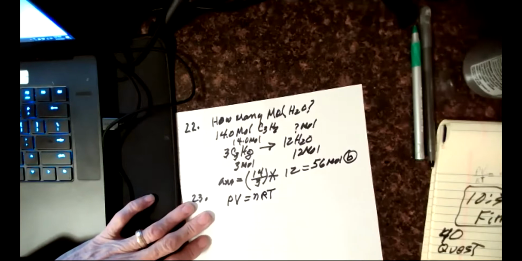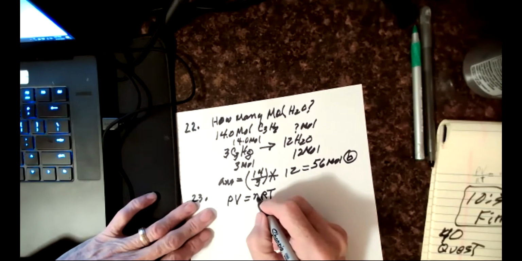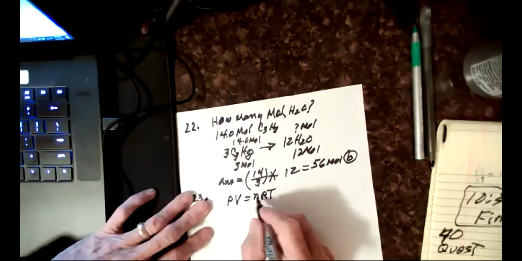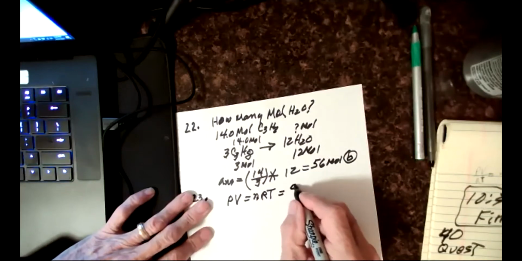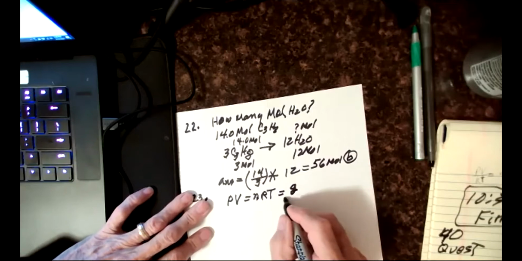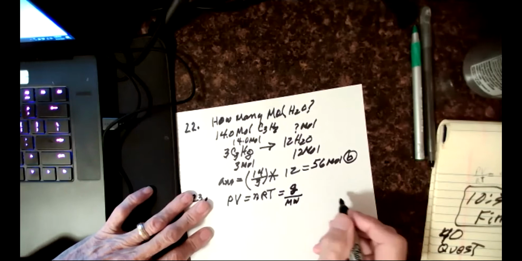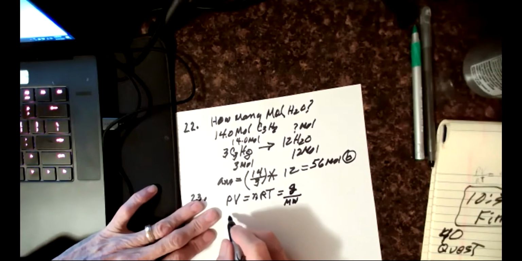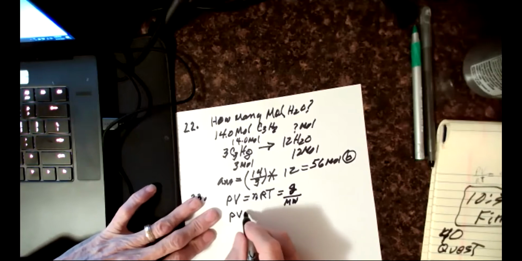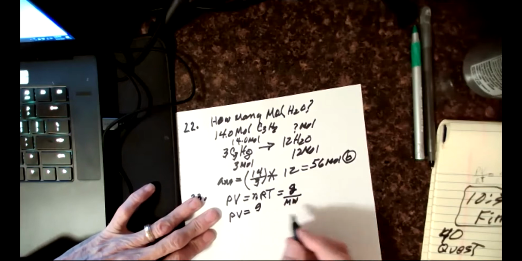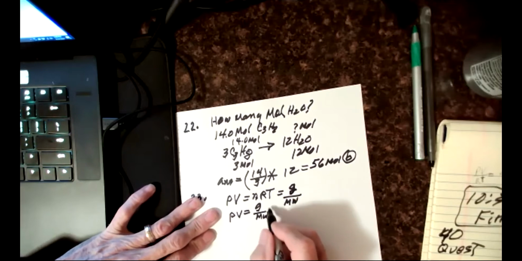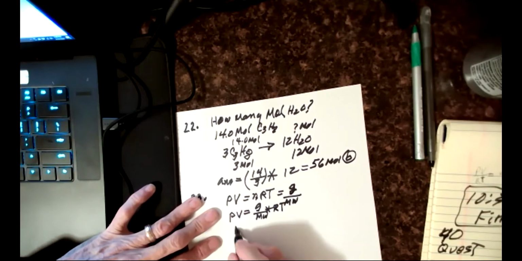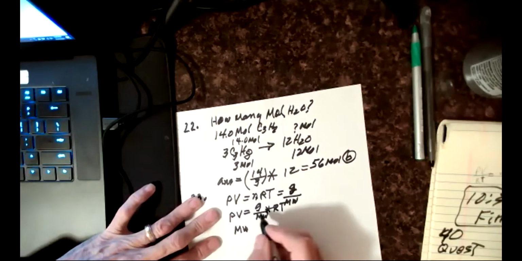And now the number of moles is going to be the grams of the sample divided by the molar weight of the compound. So let's rearrange this a little bit to calculate what we want. The pressure times the volume is equal to the mass of the sample divided by molecular weight times R and times T. Now, if I want to solve for molecular weight, I'm going to multiply through by it and divide by that.